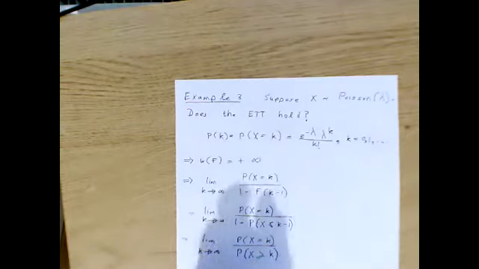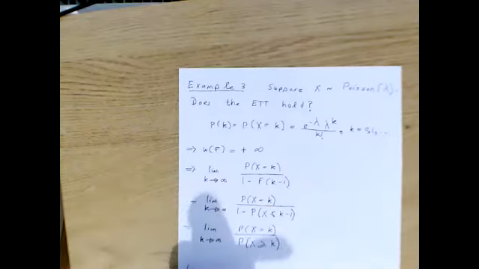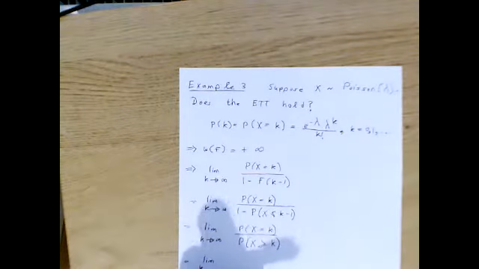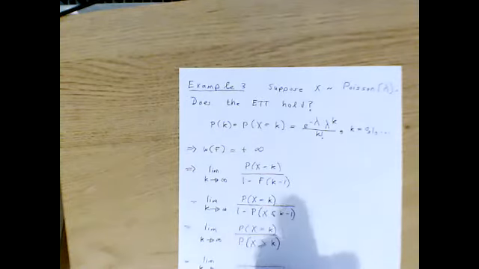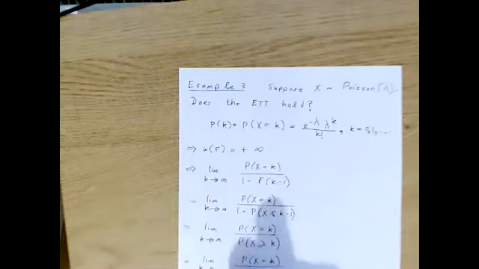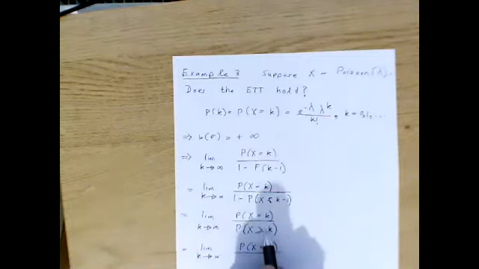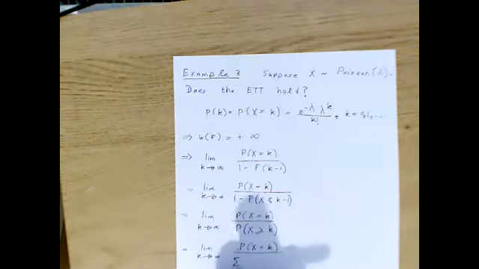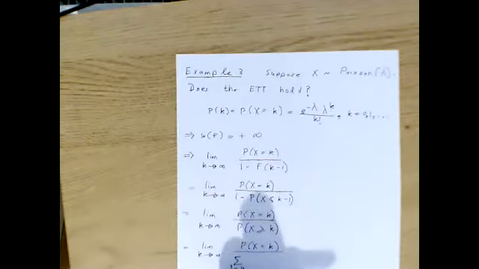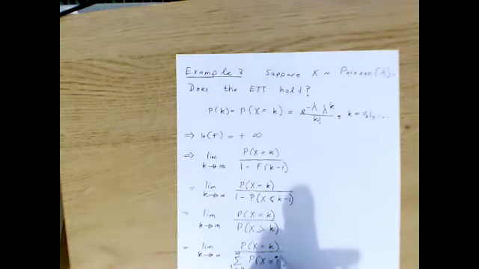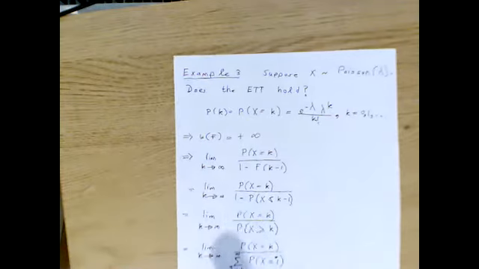Now in the next line, I'm going to write the probability that x is greater than or equal to k as the sum over i from k to infinity of the probability that x equals i.